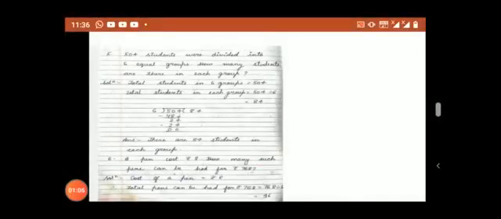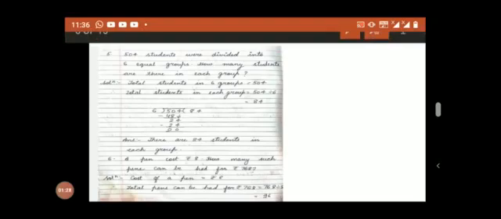Now the third word problem is given. 504 students were divided into 6 equal groups. How many students are there in each group? Again we have to find one group, so we will divide this number. Now first we will write the statement.